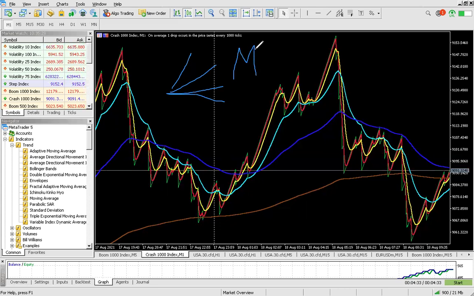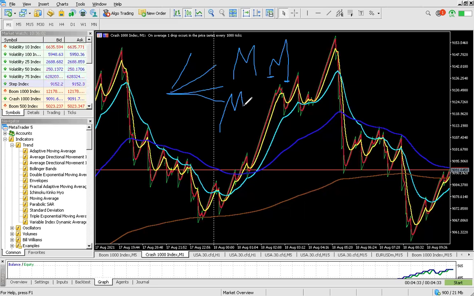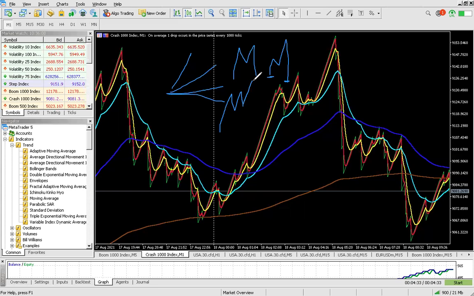Usually, when you see a double top that looks like this, and the other side of the M goes below the previous side, that's a good sign, okay? I've seen a lot of people, when they see an M on Crash 1000, fail to identify whether it's a proper M or not. If the M is like this, it is not an M. The market will most likely continue going up, okay?